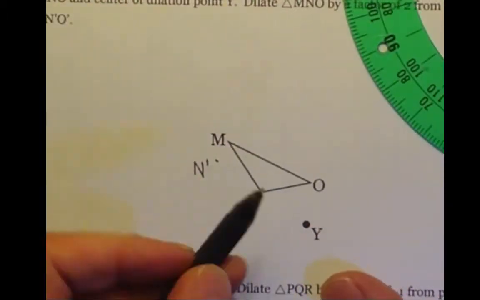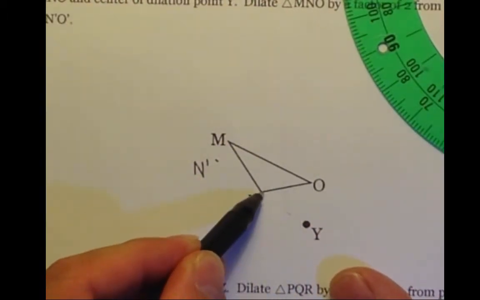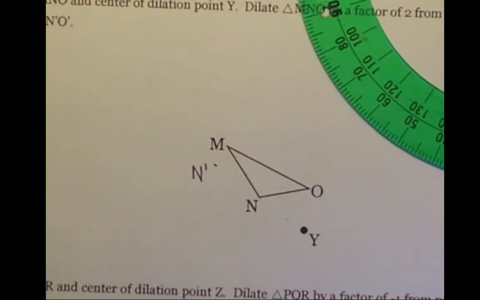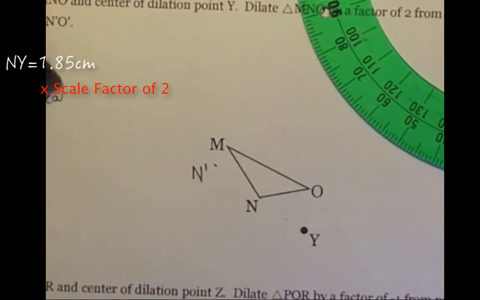So that distance from there to there gets multiplied by 2. So maybe I should even write that. NY is 1.85 centimeters. So my scale factor means that N prime to Y is going to be twice that, so 3.7.